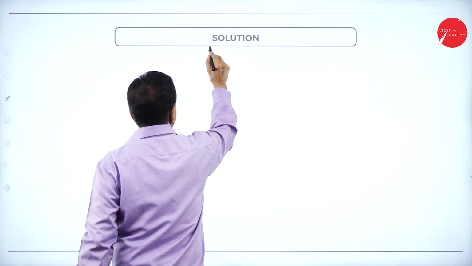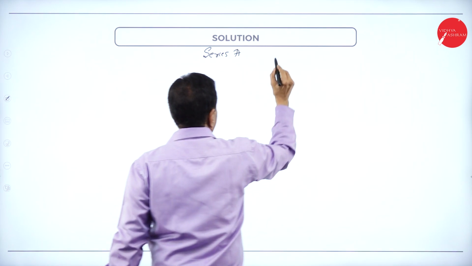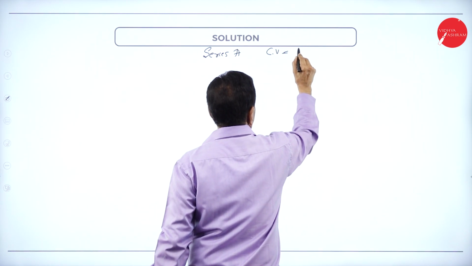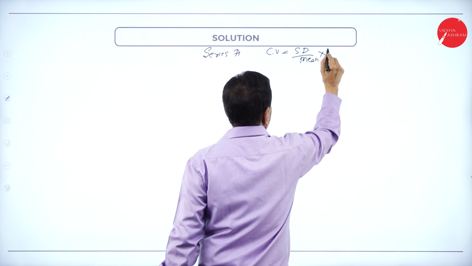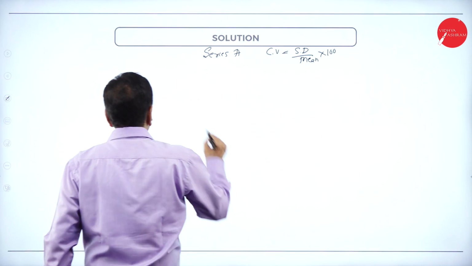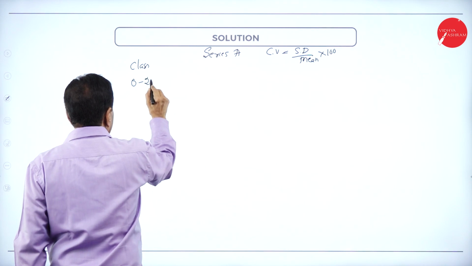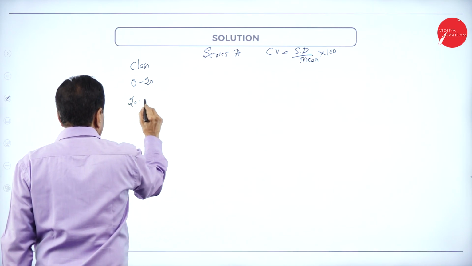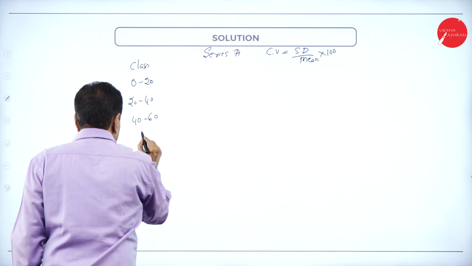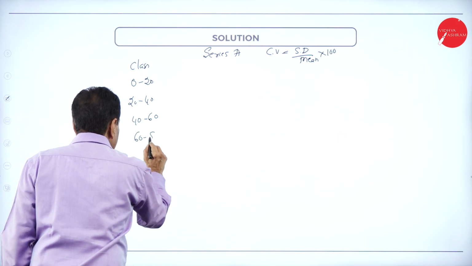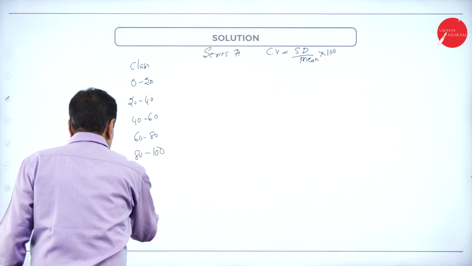We'll go one by one. Series A. CV, coefficient of variation, is equal to standard deviation divided by mean into 100. Class: 0 to 20, 20 to 40, 40 to 60, 60 to 80, 80 to 100, 100 to 120.